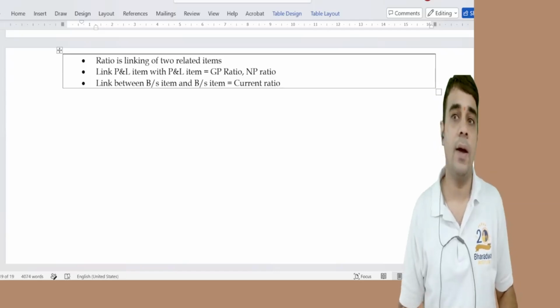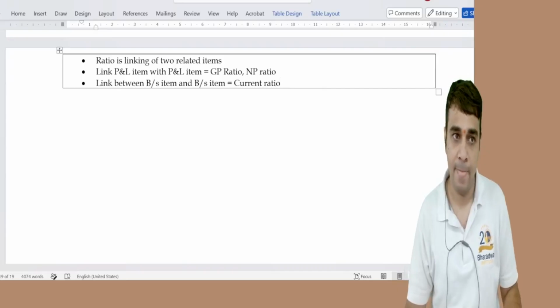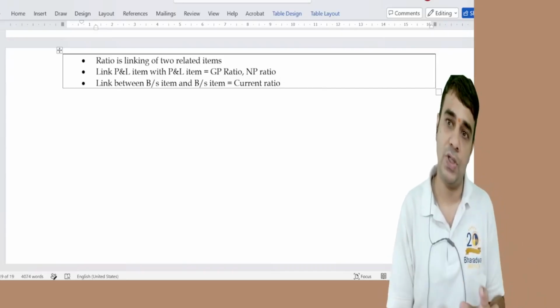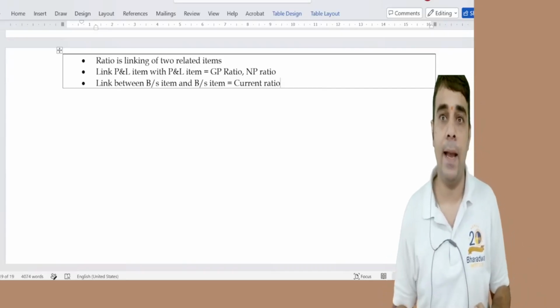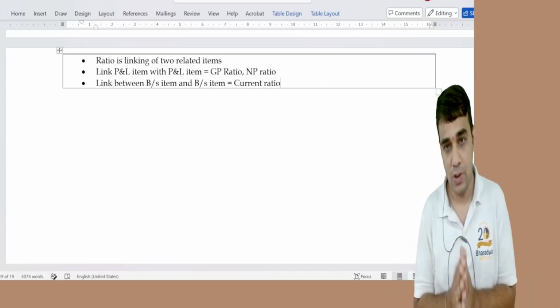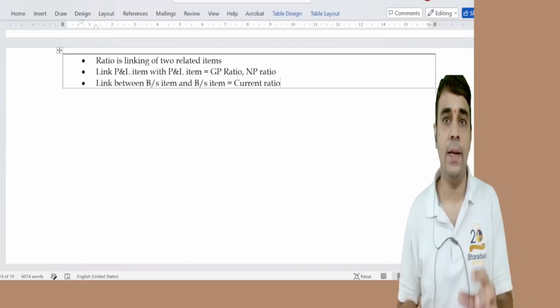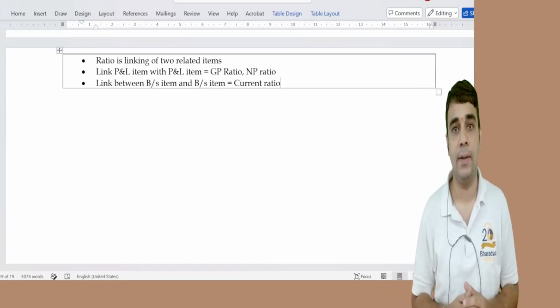Current ratio, current assets to current liabilities. So you may link a balance sheet item with another balance sheet item, again the logic is, if at all there is a logical linkage between the two. If no linkage is there, there's no point in linking them together.